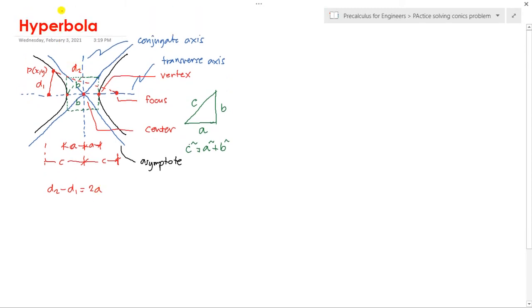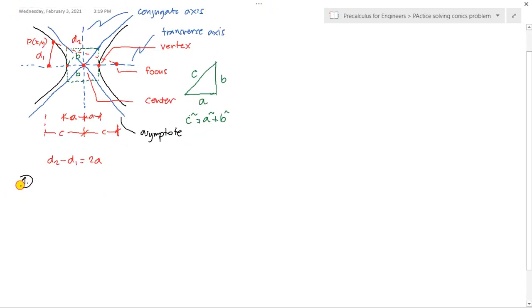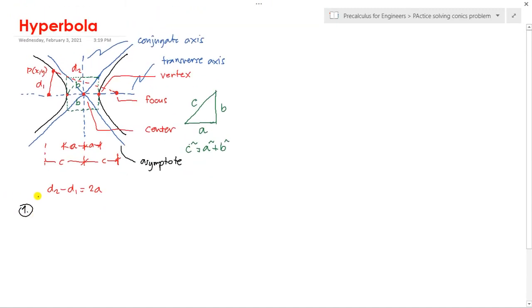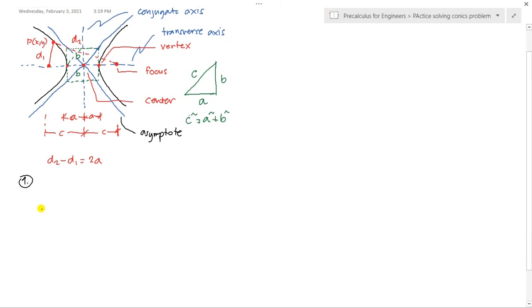Since there are two orientations of the hyperbola, the same with the ellipse, we are going to determine the standard form of the hyperbola for both orientations. So let's start with the hyperbola oriented horizontally.